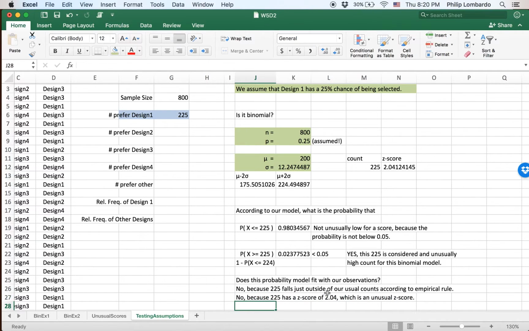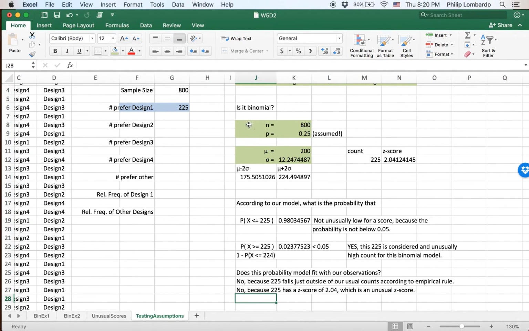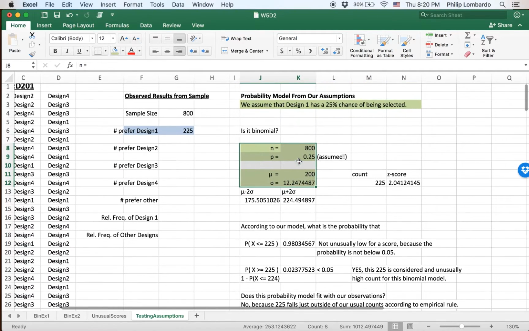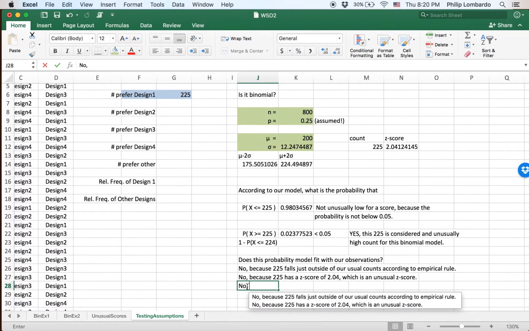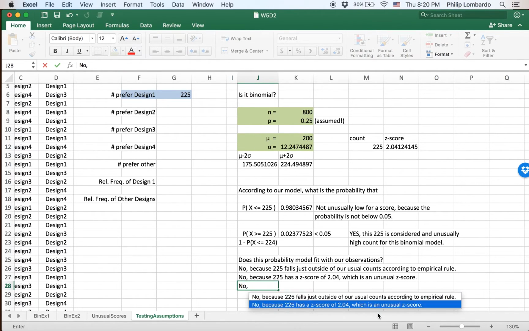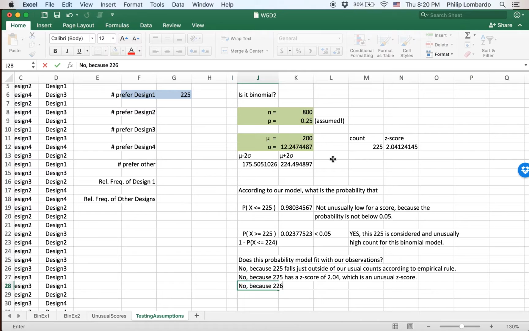So this is not the type of count we would be expecting, assuming that this binomial model is holding. The one we're going to go to most often is determining whether a count is unusually high or unusually low. So our answer here would be no, because 225 is an unusually high count for this binomial model. Essentially, observing a count of 225 or something larger has an under 5% chance of occurring naturally, assuming that this model holds.